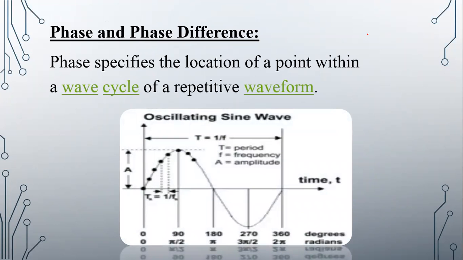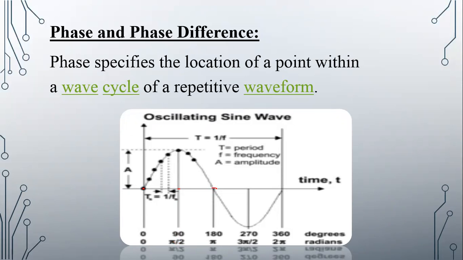For example, this is an oscillating sine wave, and this sine wave has different points. For example, this is the point. So the phase of this wave at this point is 0 degrees, and in radians it is also equal to 0. And at this point, the phase of this sine wave is 90 degrees, and in radians it would be pi by 2.